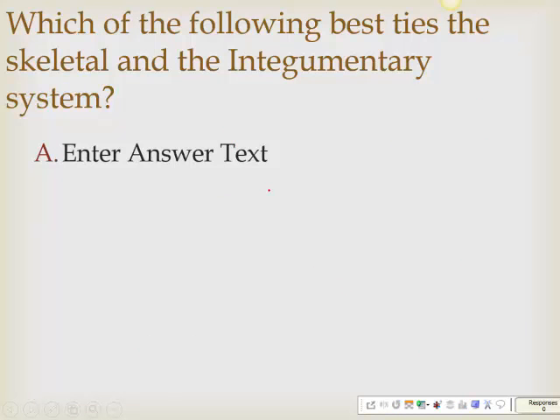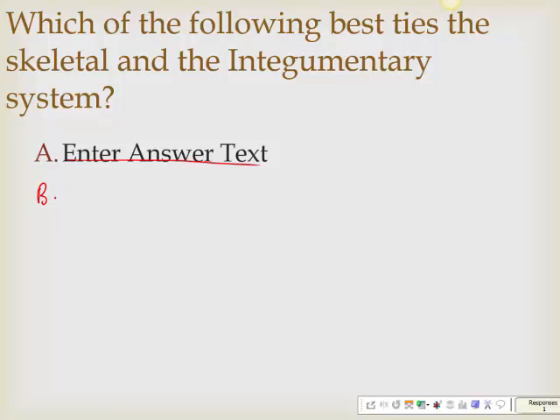Wow, okay. I don't know where that disappeared. But let's see, which of the following best ties the skeletal with the integumentary system? So let me see if I can write some answers here for you.